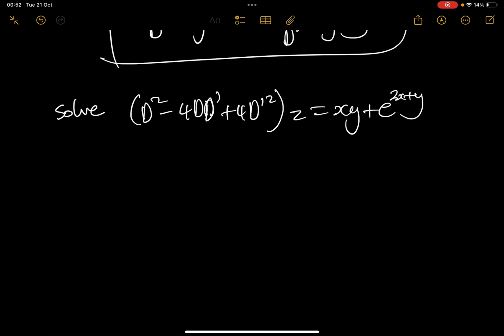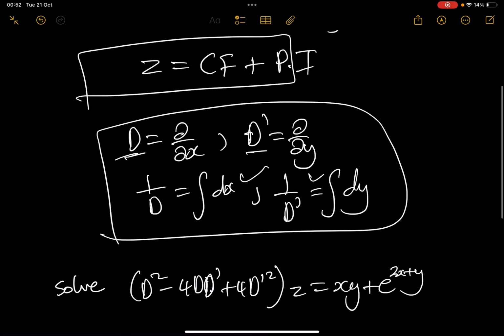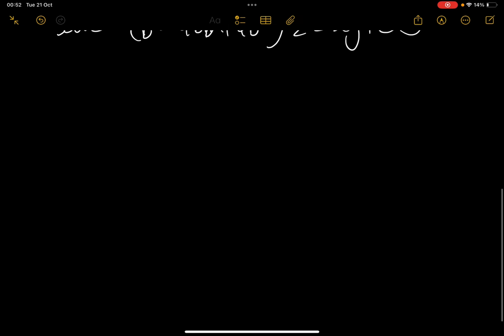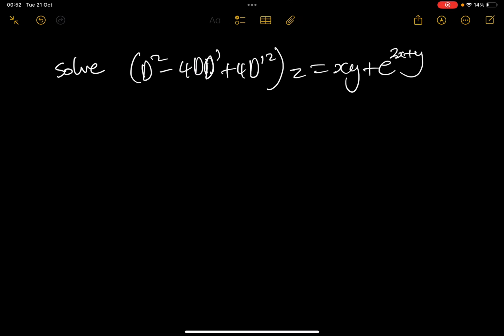The first thing that you do, in order for you to find the general solution, is find the complementary function first. You remember, when you're finding the complementary function, we need to determine the auxiliary equation. Then from the auxiliary equation, we determine the values of m, or whatever variable you use to find the roots, and then you can find the complementary function.